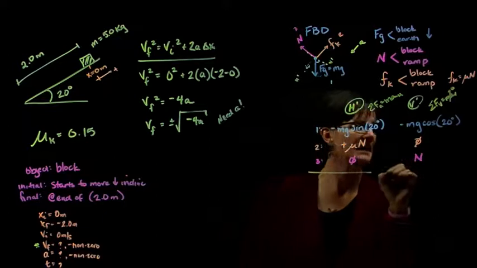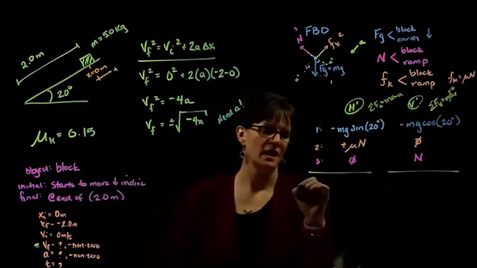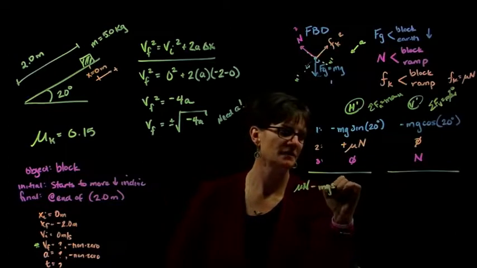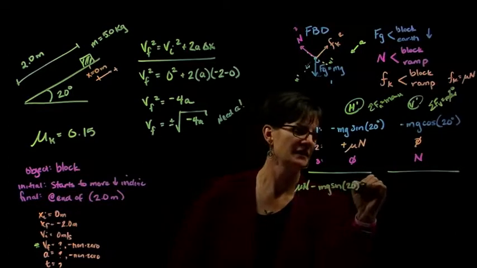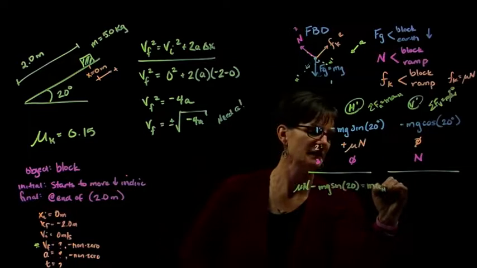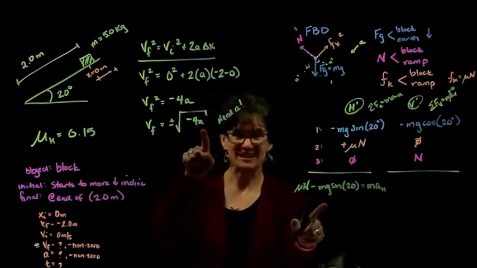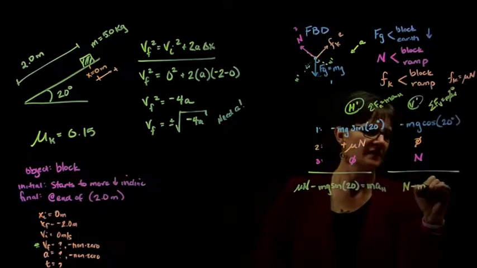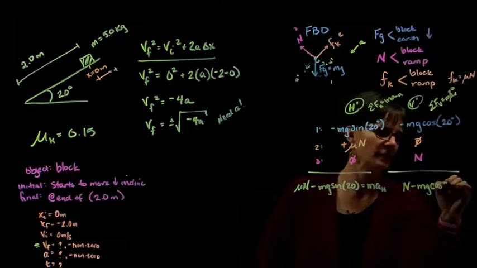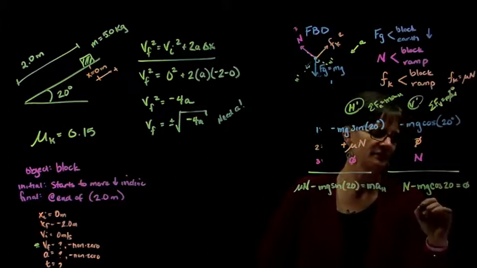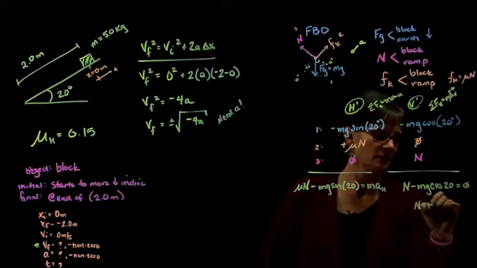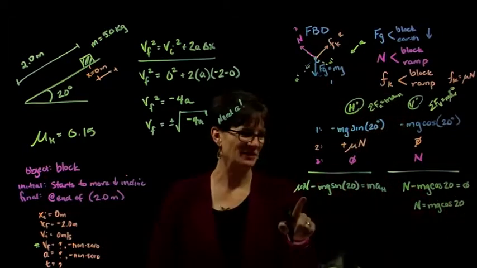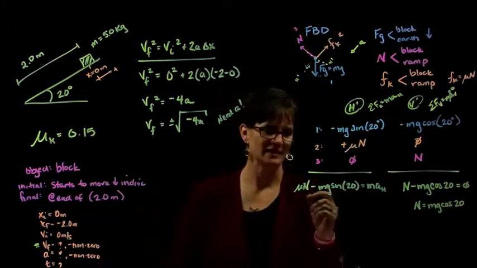So, completing our force analysis, we have mu sub n, adding these together, minus mg times the sine of 20 degrees is equal to the mass times the acceleration in the horizontal direction. That's what I need. And vertically, we have the normal force minus mg times the cosine of 20 is equal to 0. This tells us that the normal force is equal to mg cosine of 20, and I can use that in my relationship over here to solve for the acceleration.